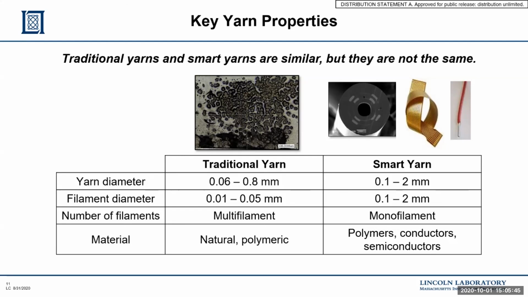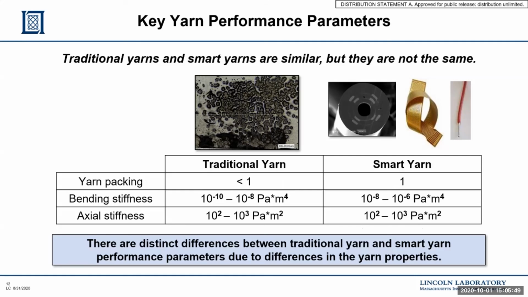So next slide. As you likely expect, these differences in yarn properties manifest themselves in differences in the yarn performance parameters. Honing in on those key yarn performance parameters that we focused on earlier, yarn packing, bending stiffness, axial stiffness, most strikingly we can see that the bending stiffness between a traditional yarn and a smart yarn can be orders of magnitude different, which I think all of us here have at least qualitatively experienced.